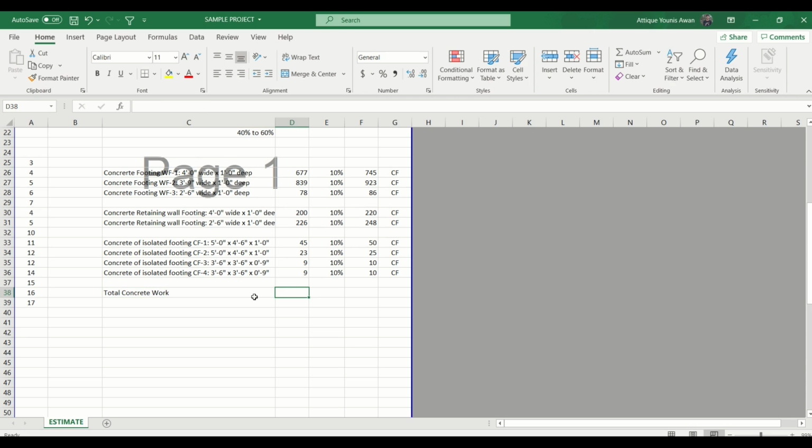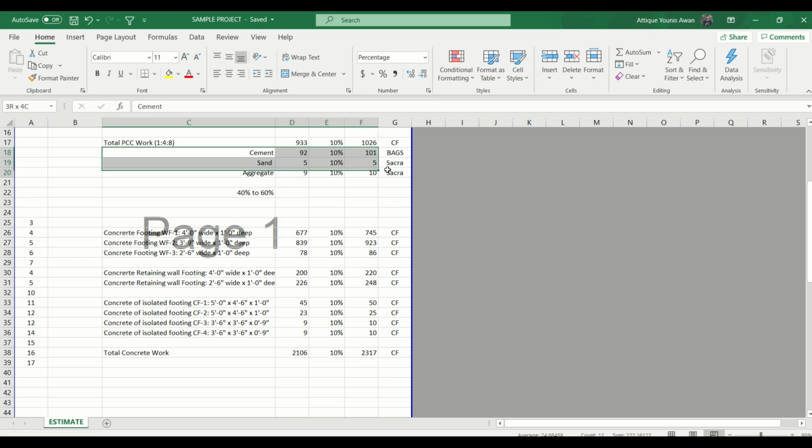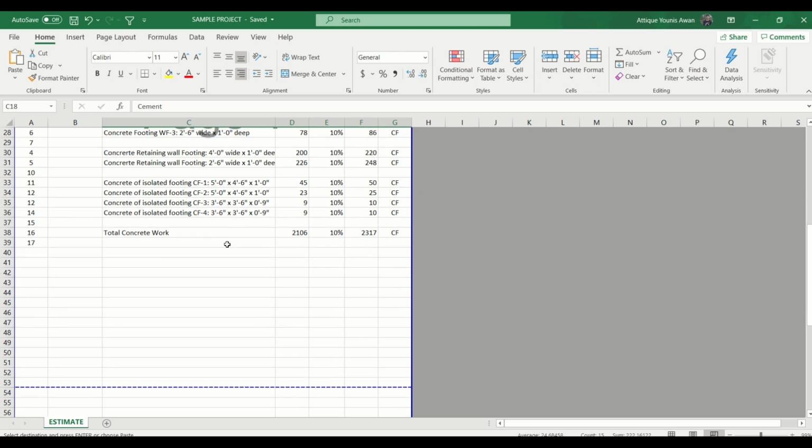So this is going to be the sum of this concrete. So if I'm going to add it, I'm just going to copy and paste the units, and finally paste these items over here because we are going to need the same.